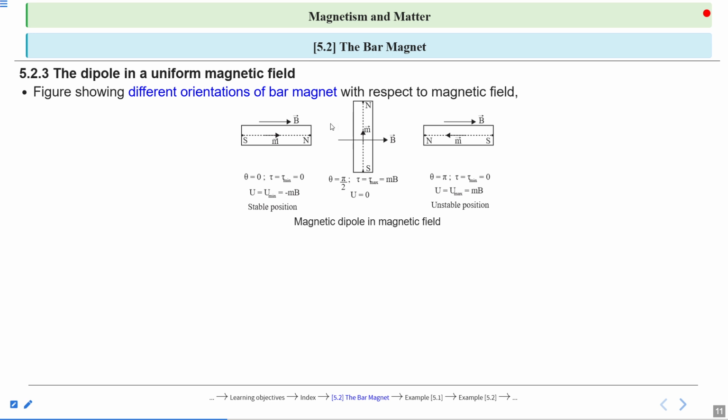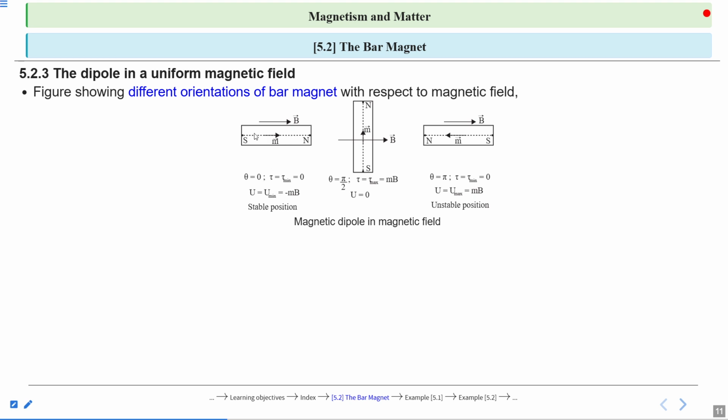Okay, so these are some special cases of the derivation we have done. This is the conclusion from the whole topic that we have done today and yesterday.